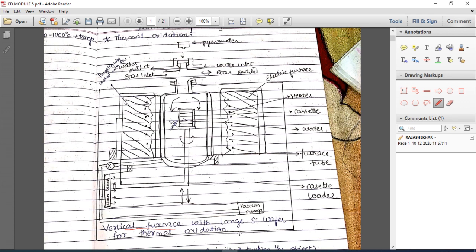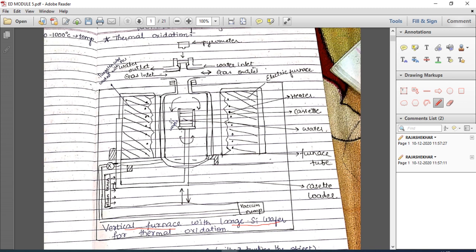Here I am going to use one large silica wafer. A wafer is a quantity of silica which is placed in the furnace. That quantity is exposed to oxygen or water to perform oxidation.